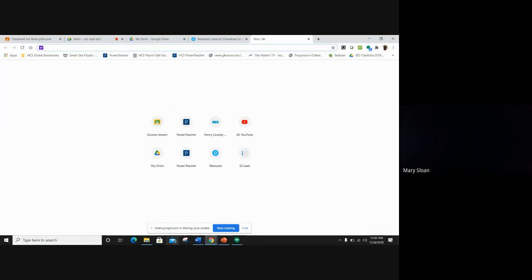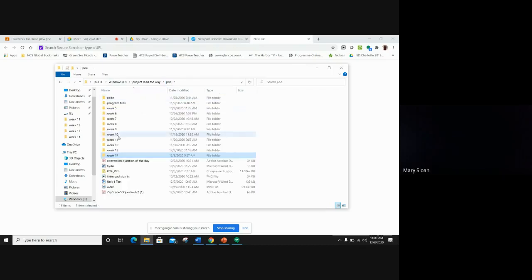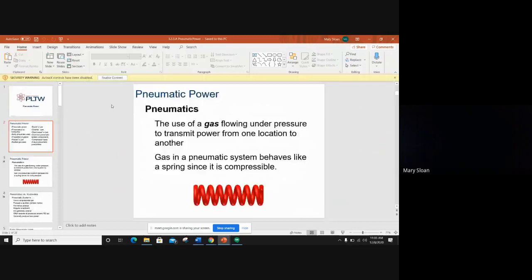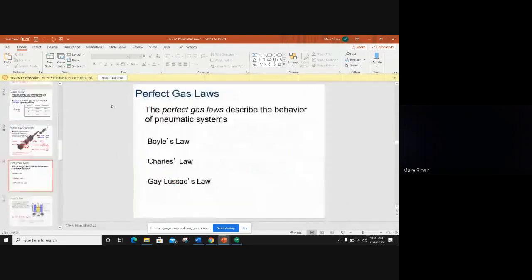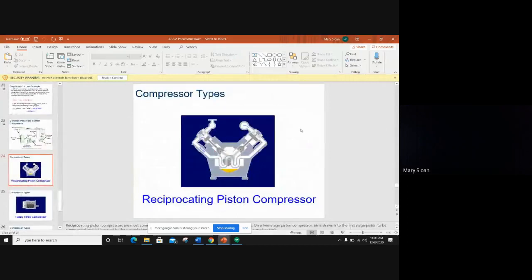Okay. Let me go back to my mnemonic. Here we are. Okay, so you're looking for a reciprocal piston compressor.